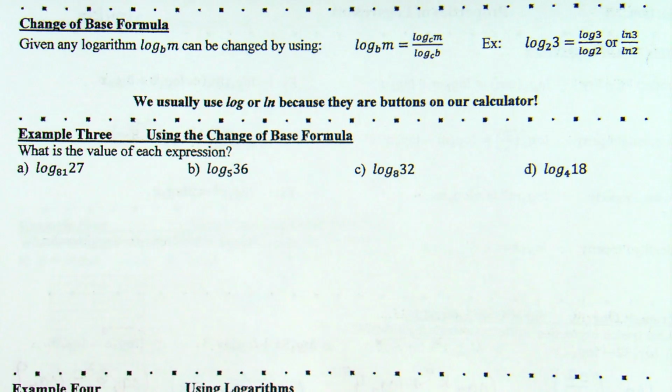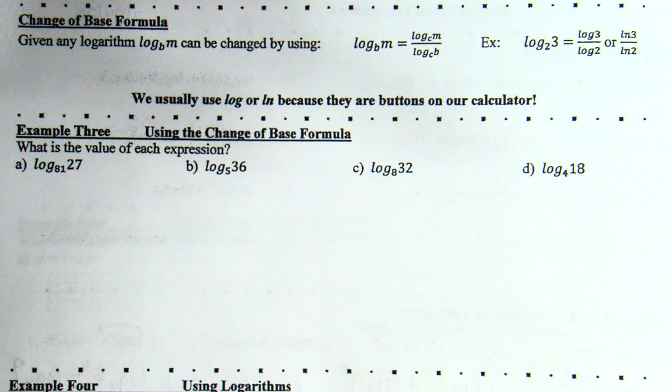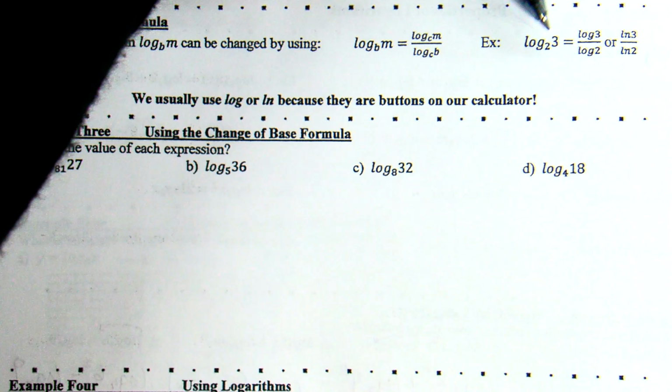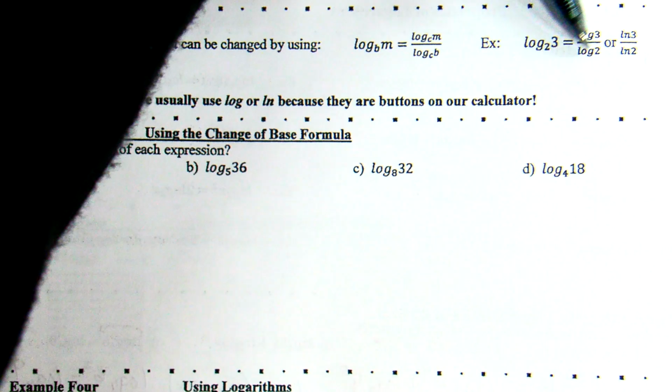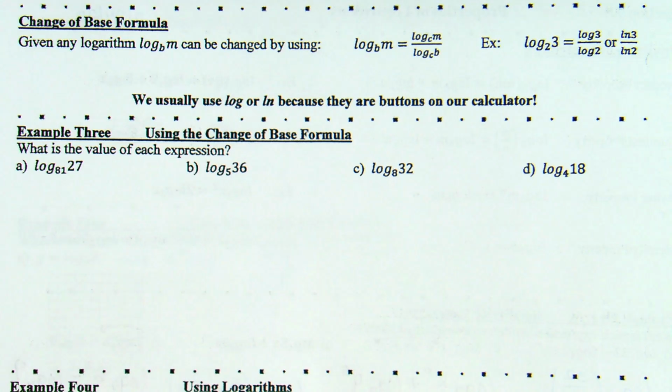So, for example, the one up here in the corner, log base 2 of 3. I can't put that on my calculator, okay? I can't do log base 2 of 3. However, if I change it to log of the inside divided by log of the base, so log of 3 divided by log of 2. What base is that if I say log of 3 divided by log of 2? No base is written in there, it's 10.